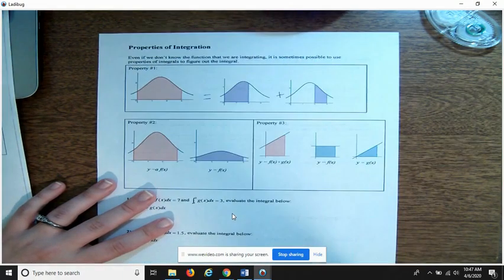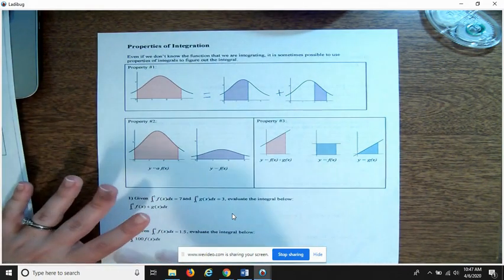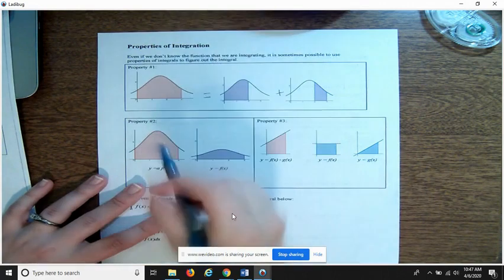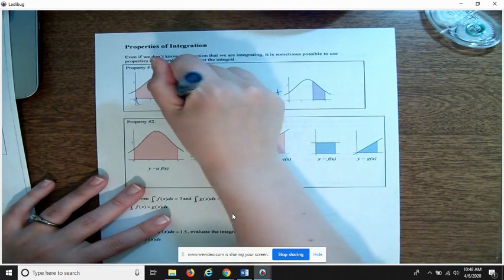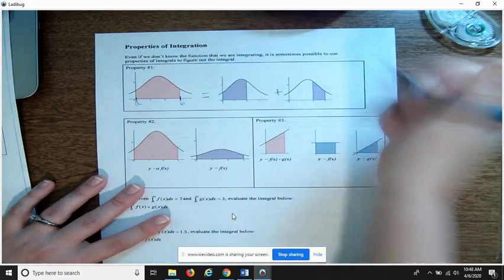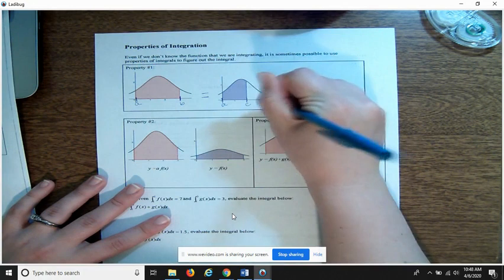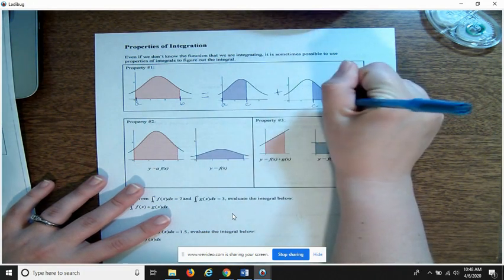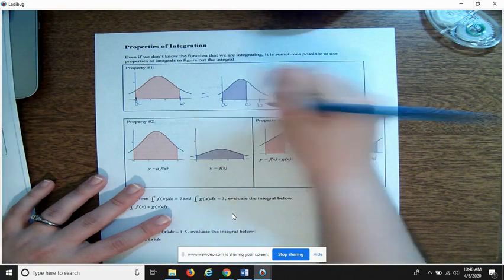The two different integrals added together should give us our third integral. This doesn't have to be with these specific numbers. You could have A to B, and then A to C, and then from C to B, then you could add those two together.